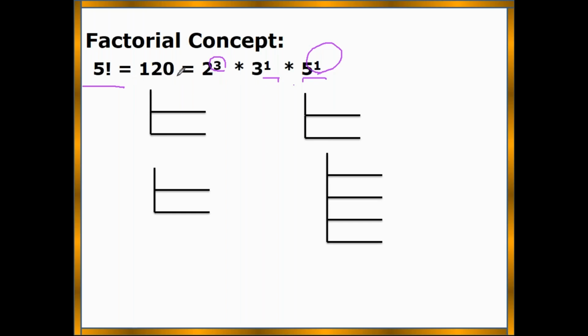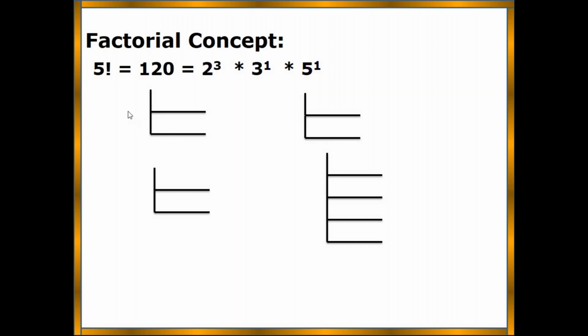How can we find it? Whatever logic is applicable to find the power of 2 in 5 factorial, you can implement the same logic to find the power of 2 in 1000 factorial also. Understood all of you? Clear?